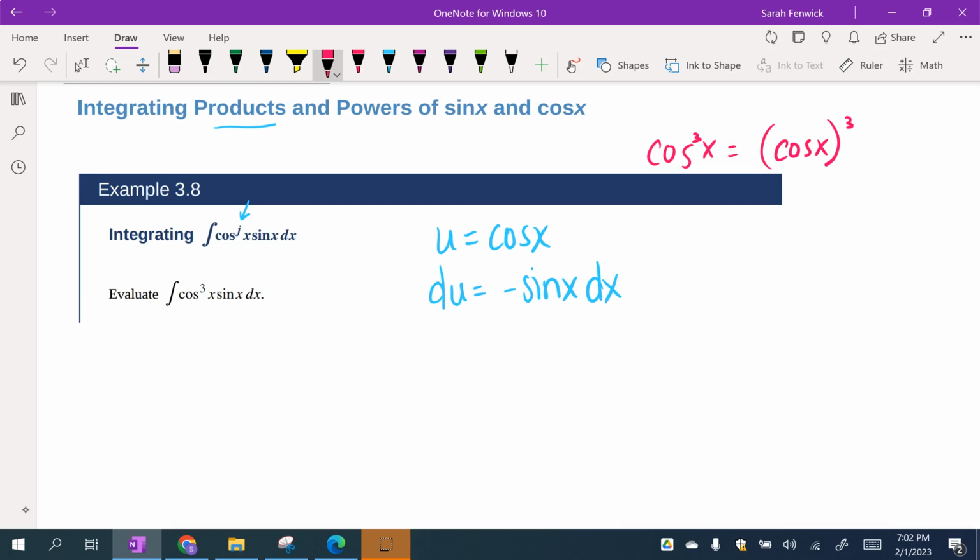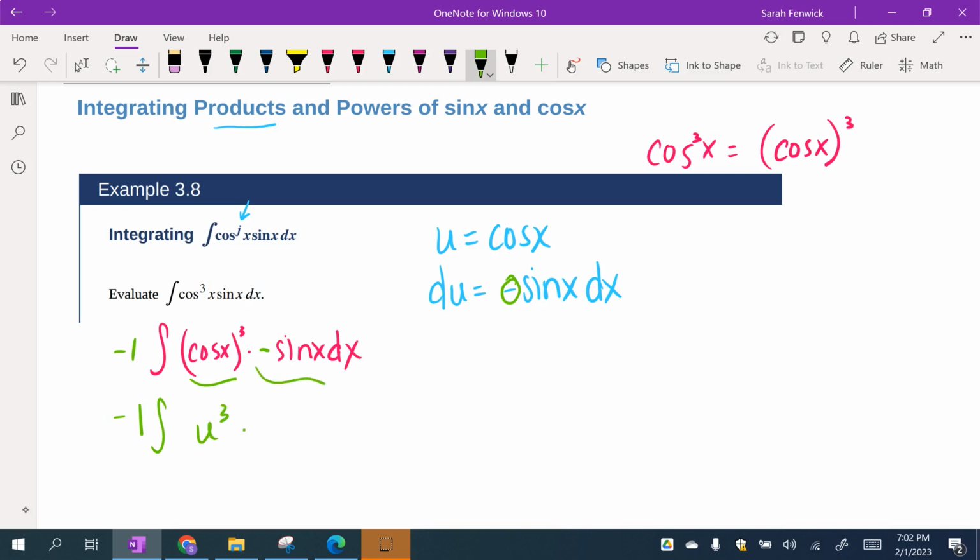So if I rewrote this as cosine x to the third times sine x dx, the sine needs a negative to be du, so negative 1, negative 1. Now we have the integral, negative 1 times the integral of u to the third times du.